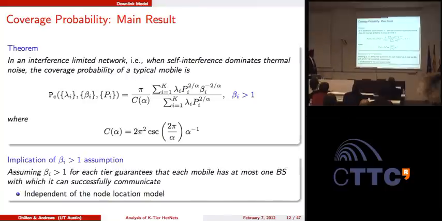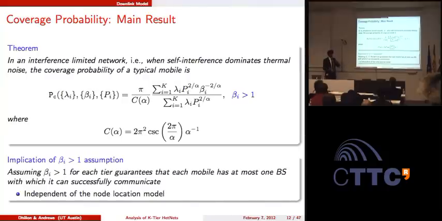Now what is the implication? Why did we have this assumption? If you assume that the target is greater than 0 dB for each tier, that means each mobile has at most one base station with which it can successfully communicate. It cannot connect to multiple base stations. An easy way of understanding this is that you have two base stations transmitting at powers P1 and P2.